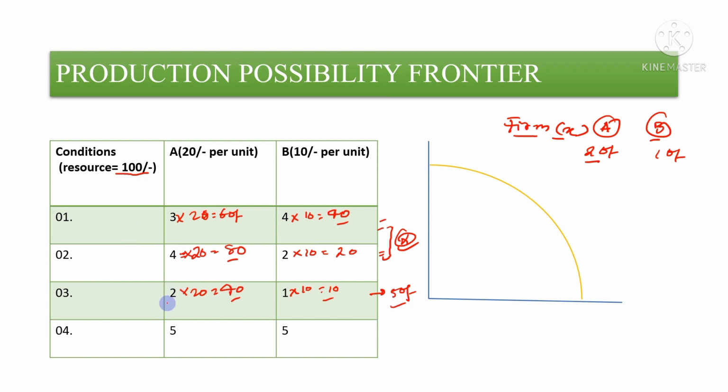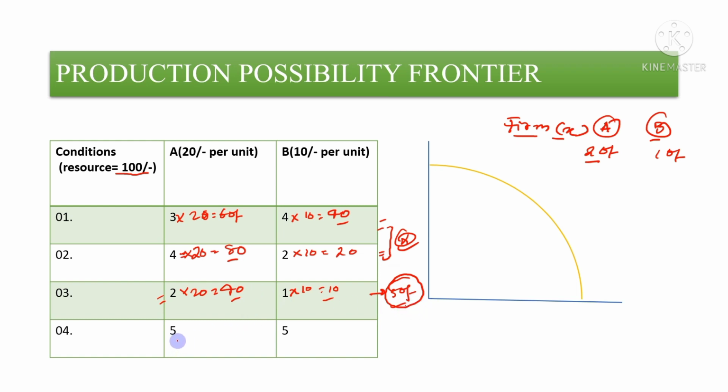They do this when there is instability in the market, for example in this pandemic time, when there is lesser demand for almost every product. So they will produce less in order to not incur any loss, spending rupees 50 out of the 100 rupees and keeping rupees 50 left.